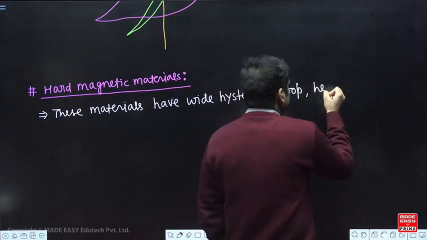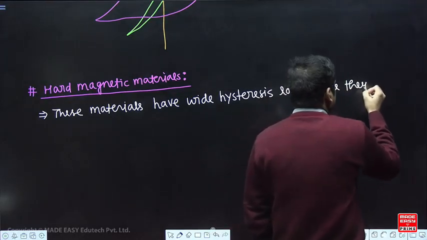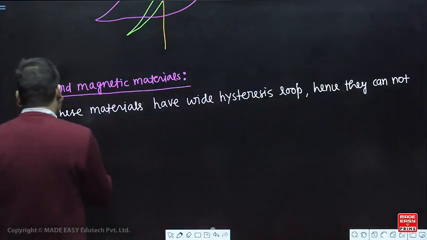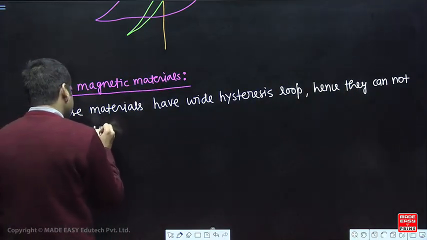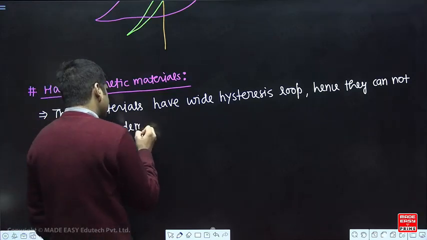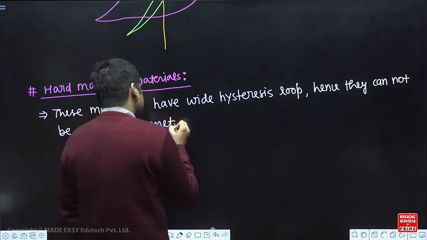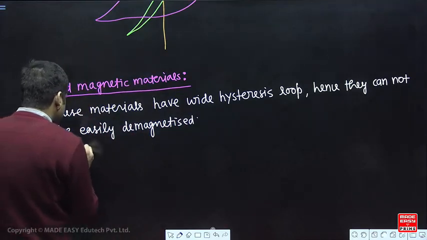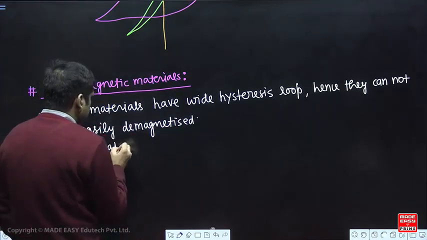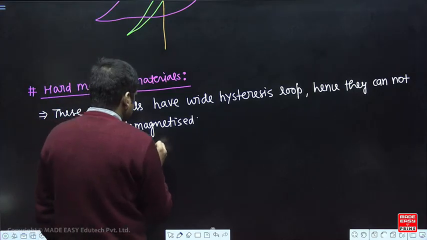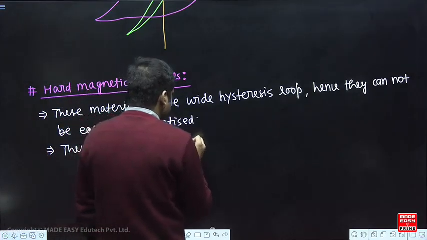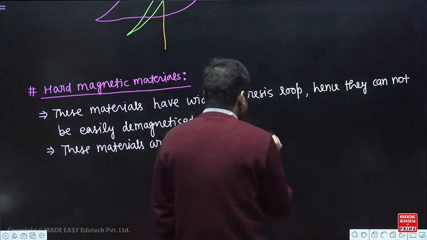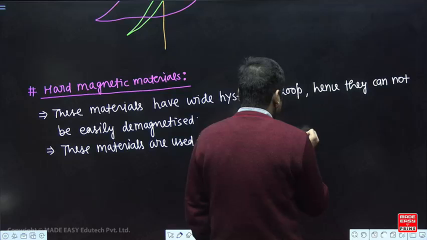Hence, they cannot be easily demagnetized. These materials are used to make permanent magnets.